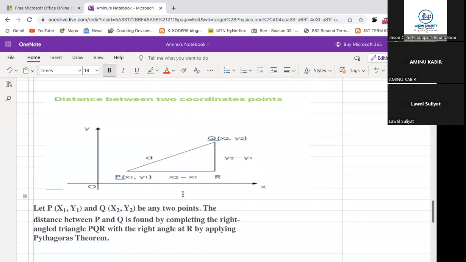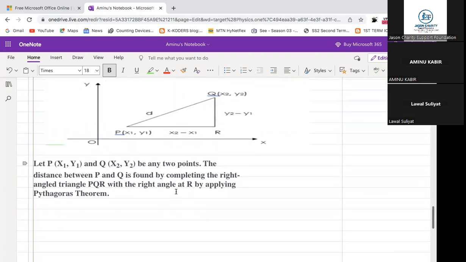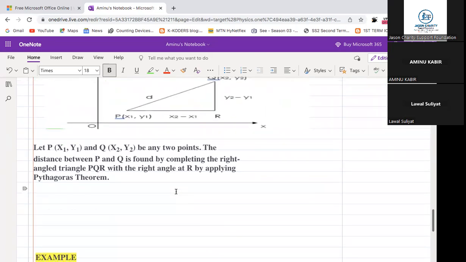So for us to calculate the distance d here, we have to use what we call the Pythagorean theory. As stated earlier, the Pythagorean theory states that the square of the hypotenuse is equal to the sum of the squares of the adjacent and opposite.